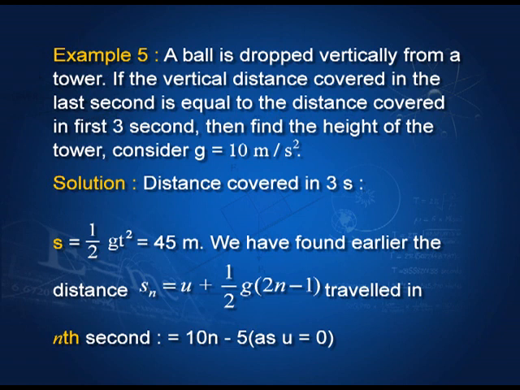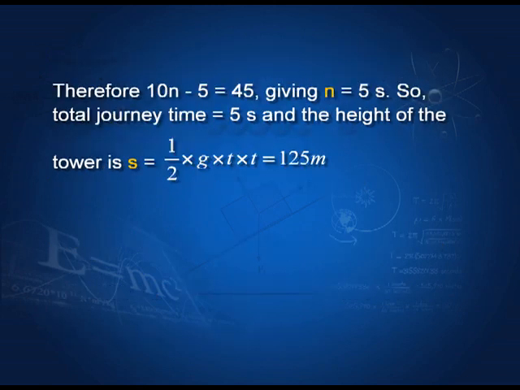In the last second, it covers the distance 10 n minus 5, and what is given is that in the first 3 seconds it covers 45. Therefore, the equation is 10 n minus 5 is equal to 45, which gives n equal to 5 seconds. That is, the total journey time is 5 seconds, and the height of the tower is s equal to half g t square, which is 125 meters.